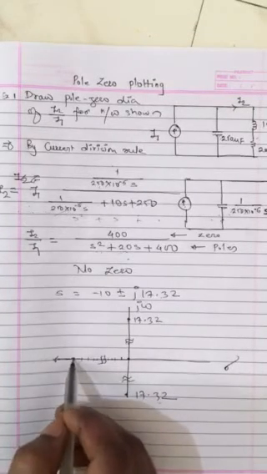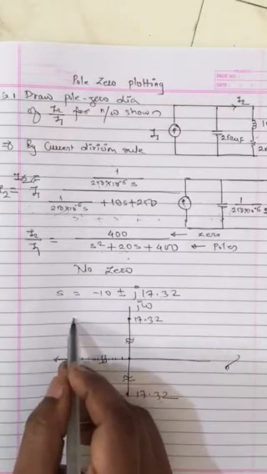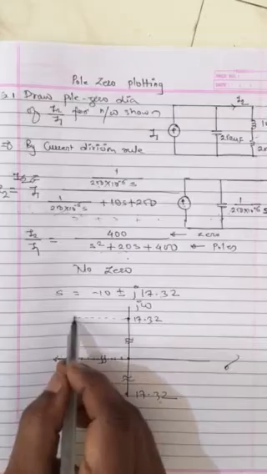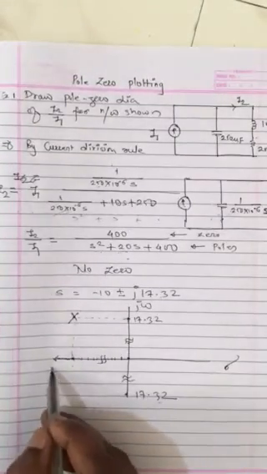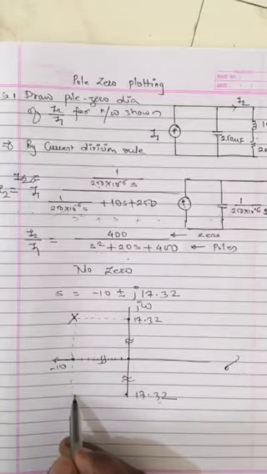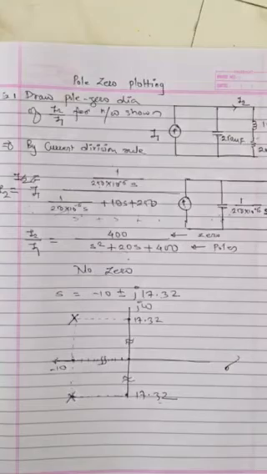So minus 10 plus j 17.32 is one pole, and minus 10 minus j 17.32 is here. These are the two poles. This is how we solve a simple example.